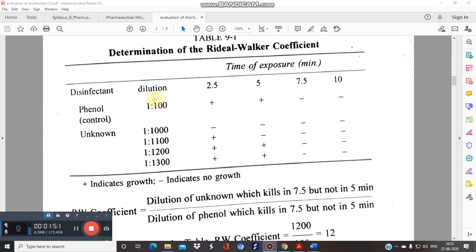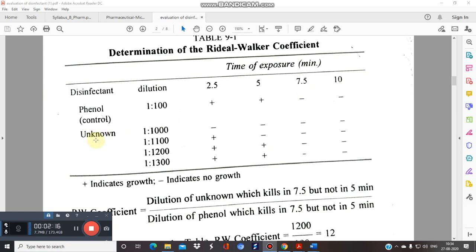When we add this dilution to our suspension and note down the time, at 2.5 minutes it shows no effect on the bacteria, and they will grow. Again after 5 minutes the bacteria will sustain and grow. But when the time of exposure reaches 7.5 minutes, the bacteria start dying and show no growth.